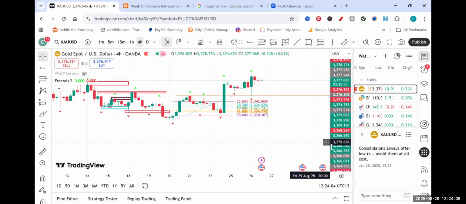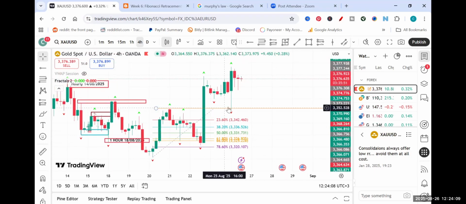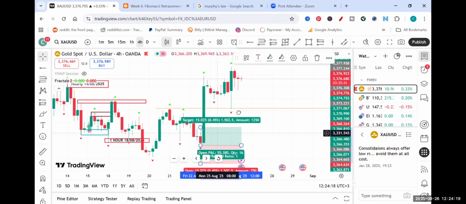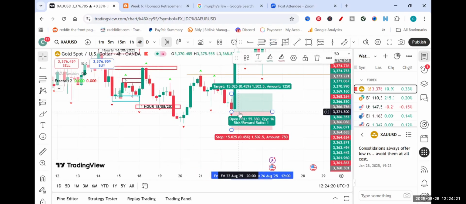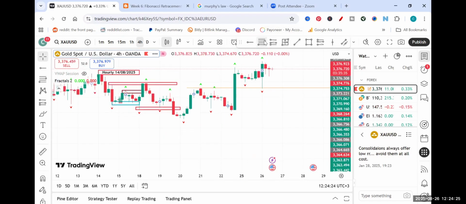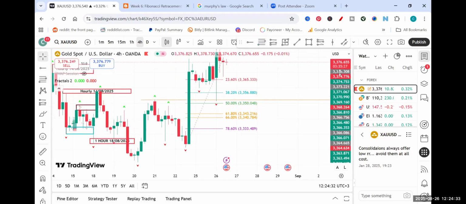The way I was telling you, this one stops being resistance, it has become support. If you take your Fibonacci retracement tool and place it from left to right, you see there's confluence at the 0 point.